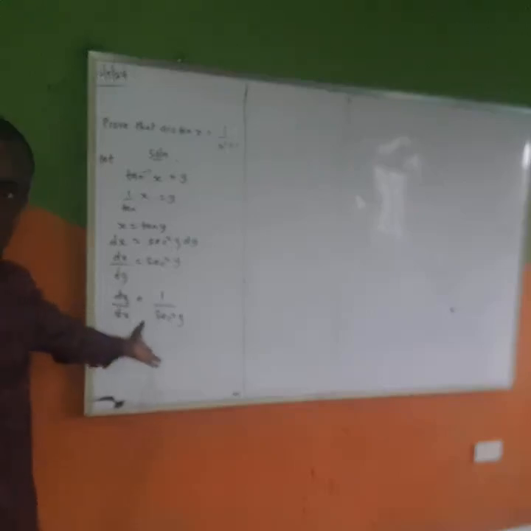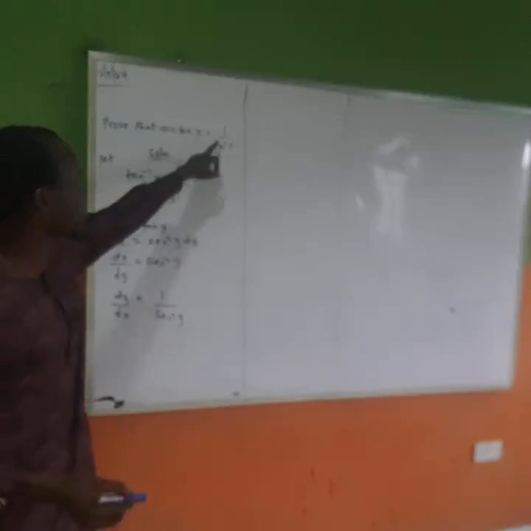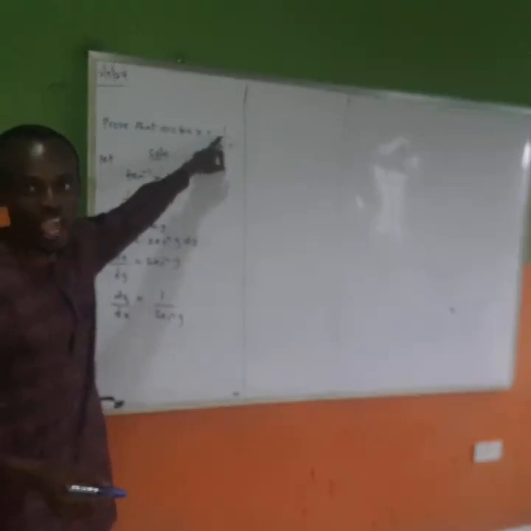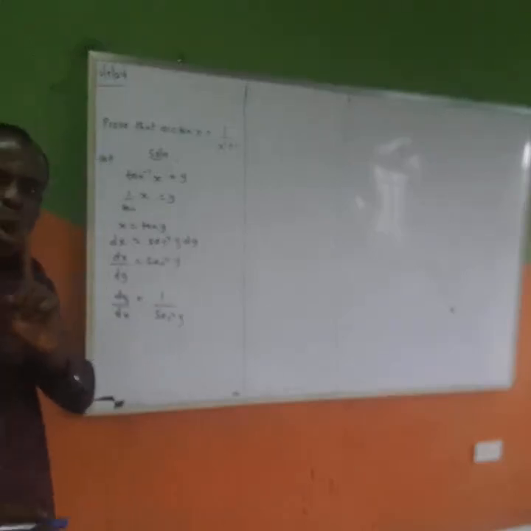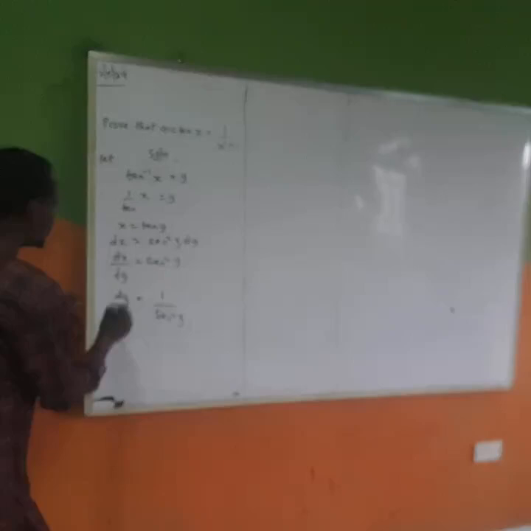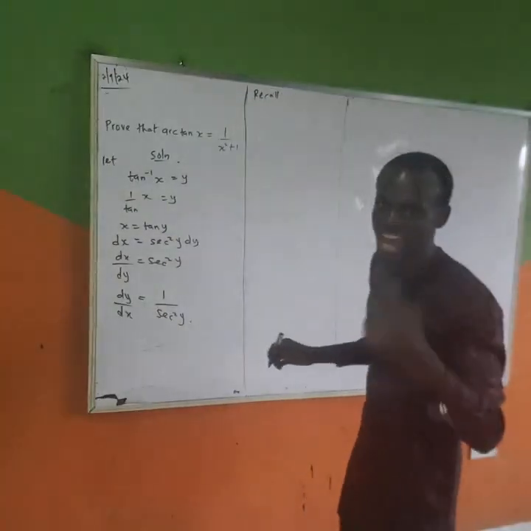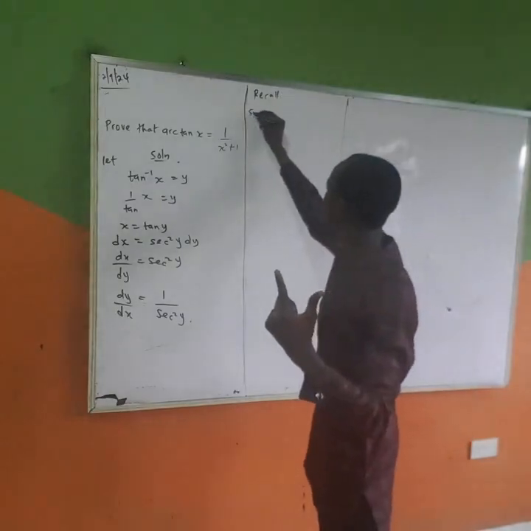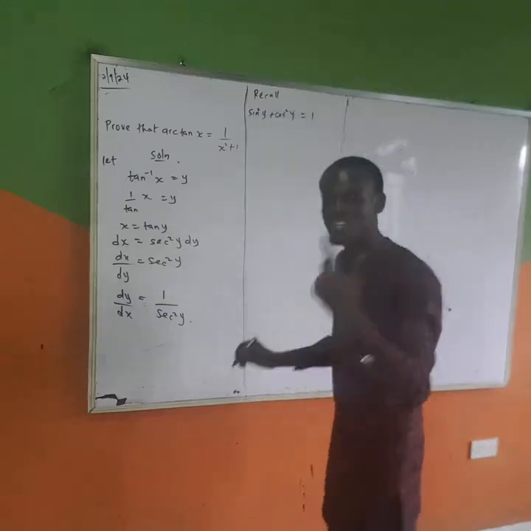Now, where do I go from here? Remember, this is not our final destination. This is what we are asked to get. Recall from trigonometric identity that sin squared y plus cos squared y is equal to 1.